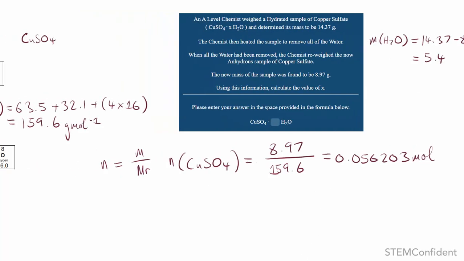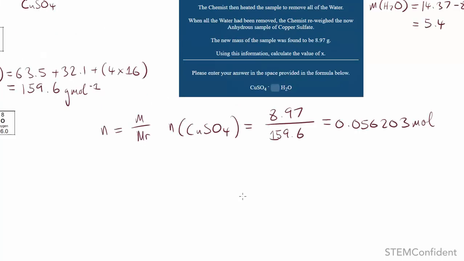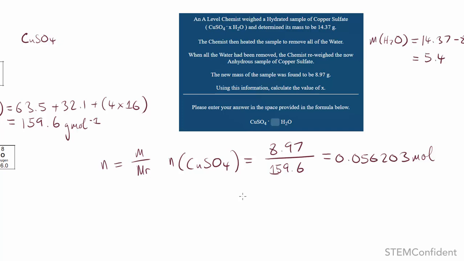Now that mass is going to enable us to work out the number of moles of the H2O. So we're going to need the molar mass as well, right? The number of moles of H2O is going to be equal to 5.4 grams, divided by the molar mass of H2O.